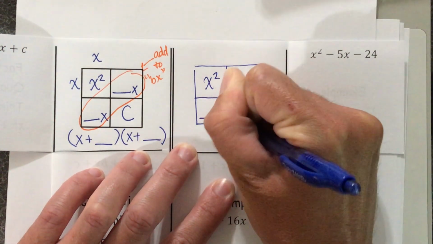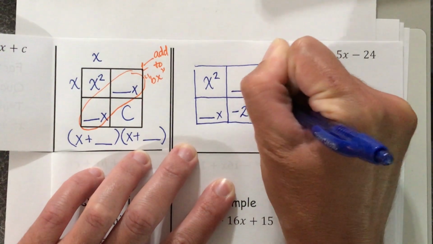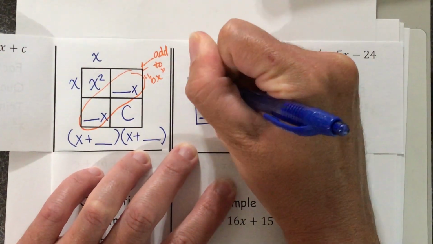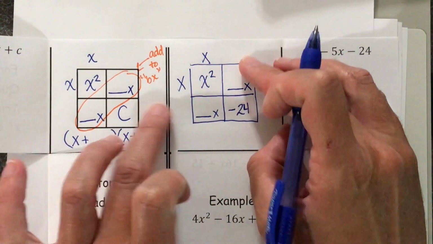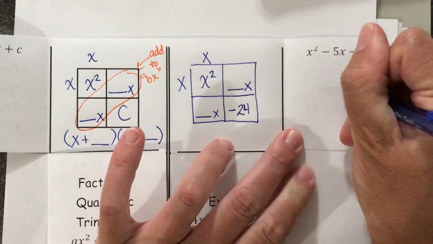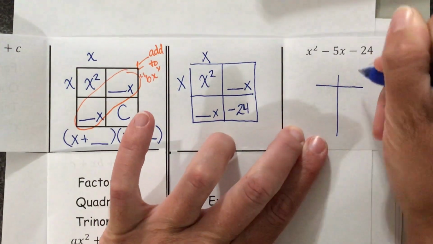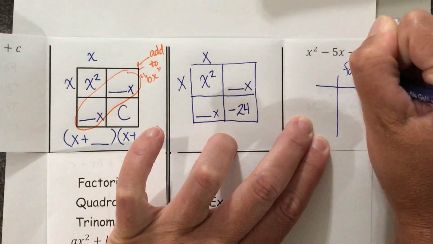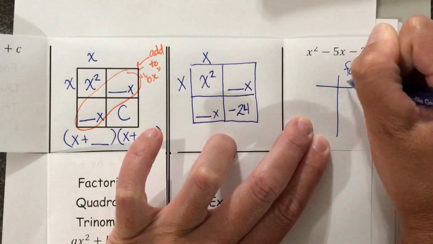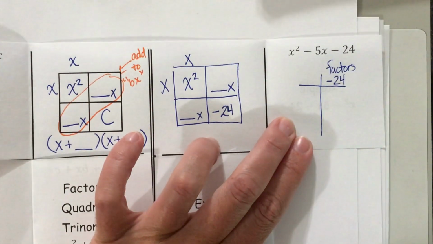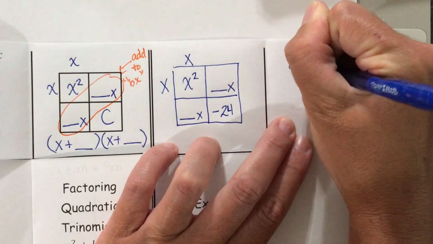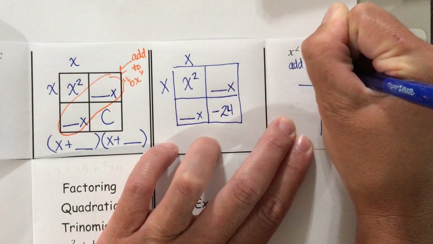And then something x and something x. So we know that x is going to go here, but now we've got to figure out what's going to go here. So that's where we go to our t-chart, and we're looking for factors of negative 24, but it has to add to 5. Sorry, adds to negative 5.